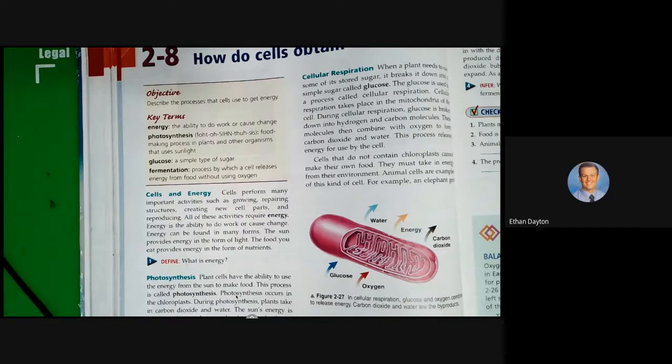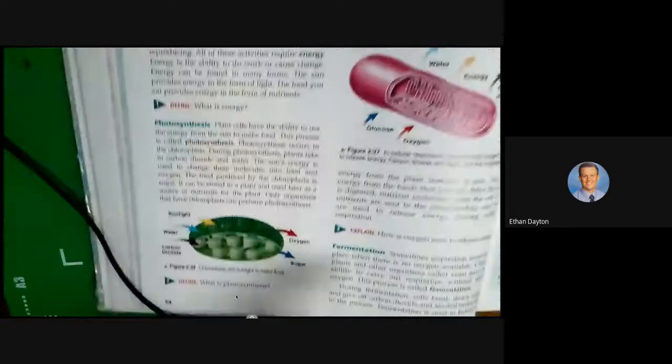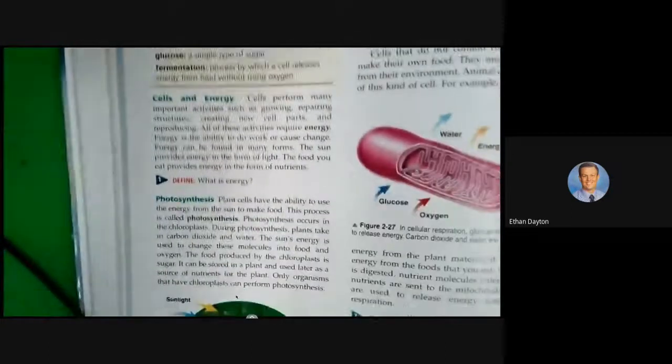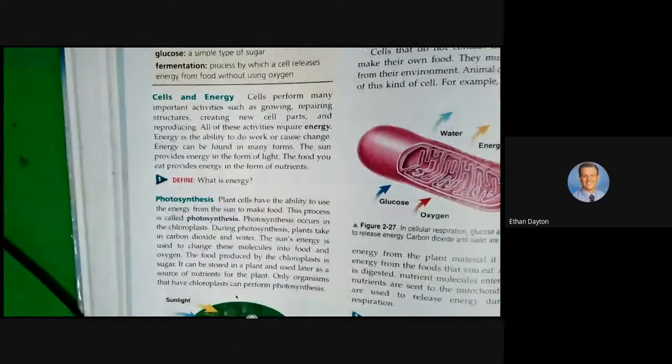Questions 1 through 7. All right, cells and energy. Cells perform many important activities such as growing, repairing structures, creating new cell parts, and reproducing. All of these activities require energy. Energy is the ability to do work or cause change. Energy can be found in many forms.